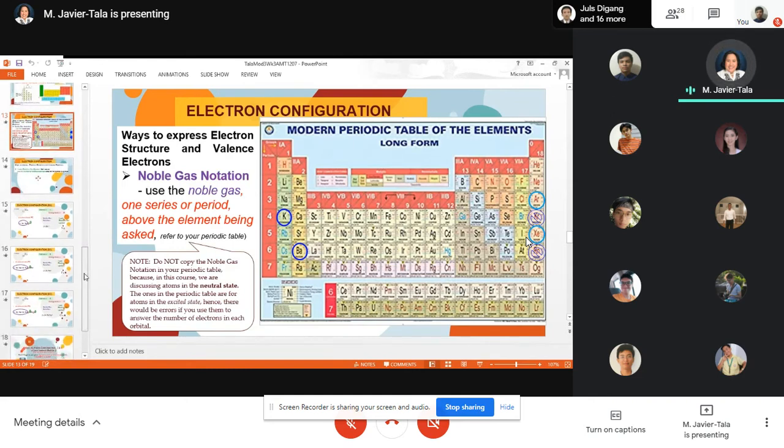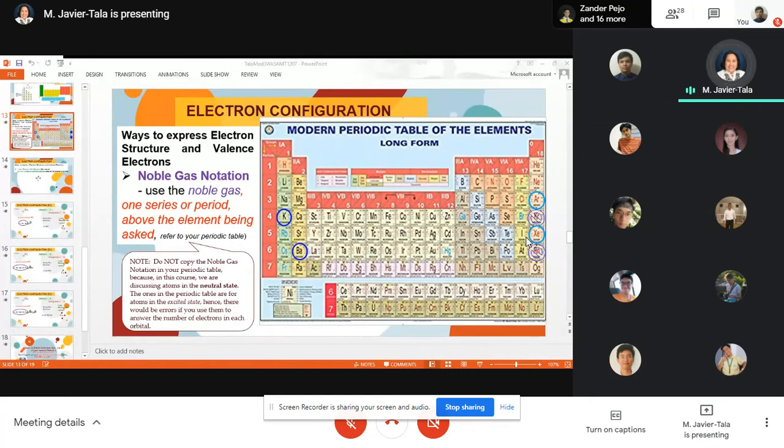So in your periodic table, aside from the unabbreviated electron configuration, we also use the noble gas notation. Please take note that in the noble gas notation, you are going to use the noble gas one series or period above the element being asked.